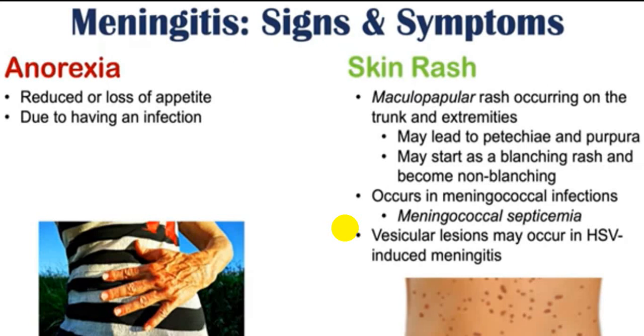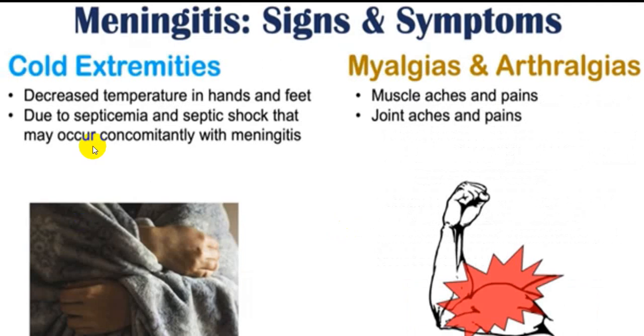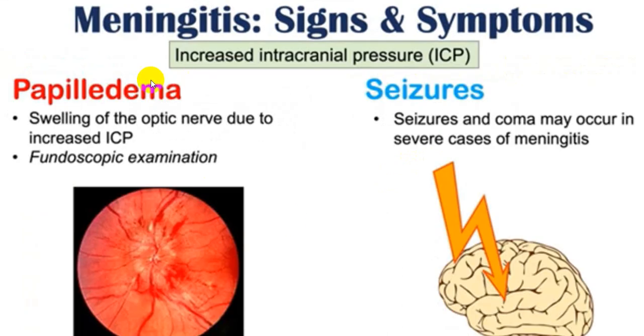And you can have a vesicular lesion in herpes simplex. You can have cold extremities, particularly in septicemic shock, which is very common with gram-negative septicemia. Myalgia and arthralgia may also be among the common symptoms and signs.